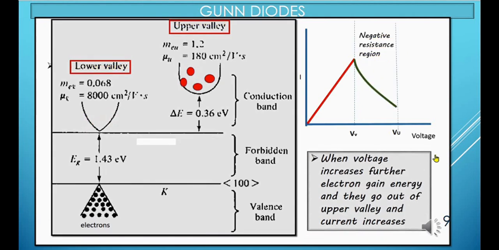When voltage is further increased, now there is no problem. Some electrons can achieve higher energy states above the upper valley, so current will increase further. From this diagram you can say that it is the same as the tunnel diode diagram, and it shows a negative resistance region, so it can act as an oscillator or amplifier.